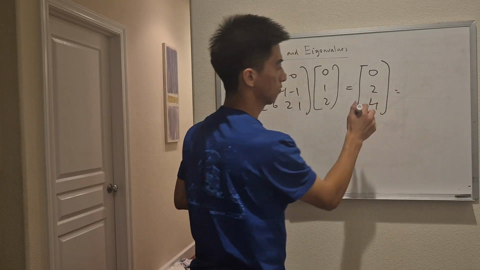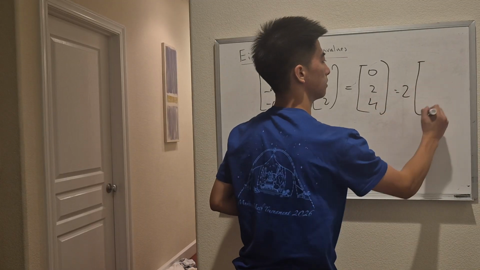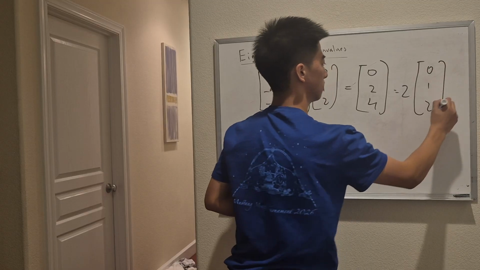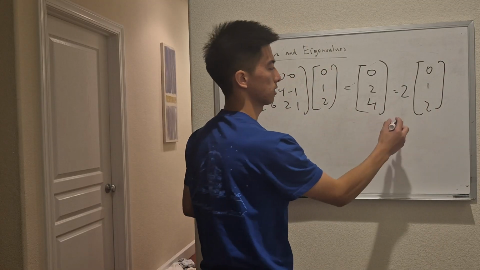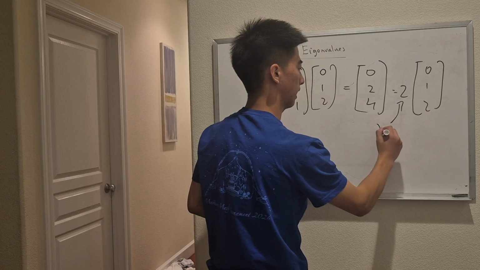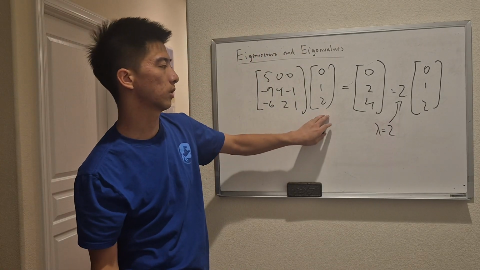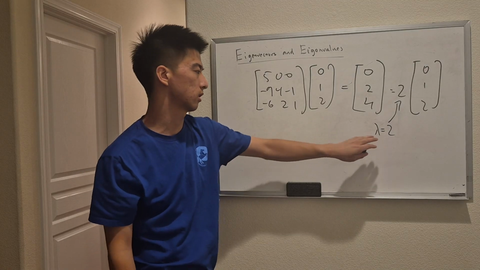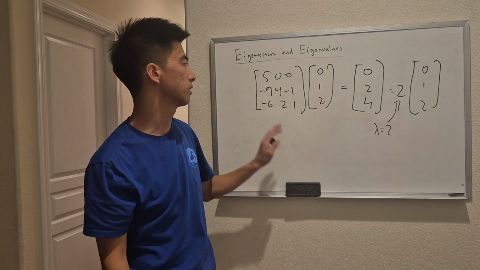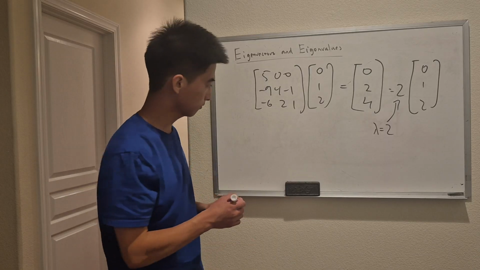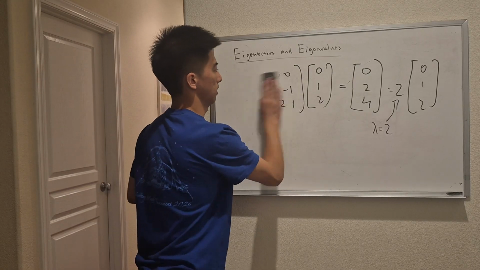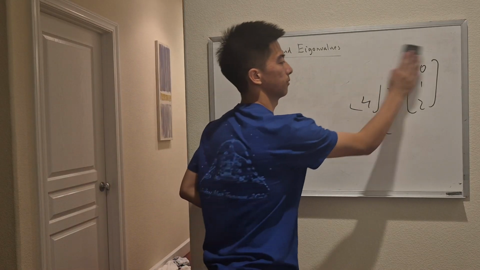And we see that (0, 2, 4) is 2 times (0, 1, 2), our original vector, which means we have an eigenvalue of 2 for this matrix, and (0, 1, 2) is an eigenvector corresponding to lambda equals 2 for this matrix. Alright, so now how do we find these eigenvalues?